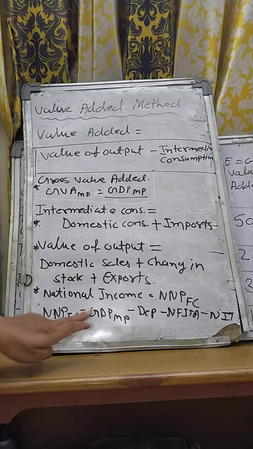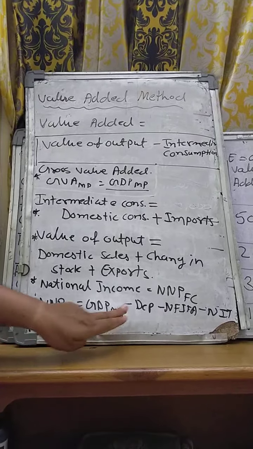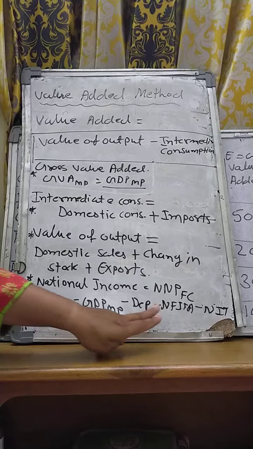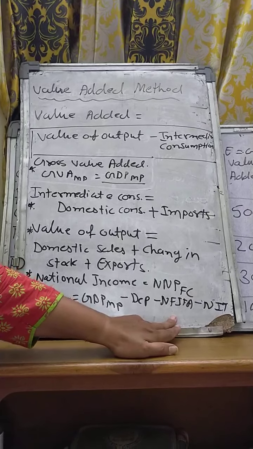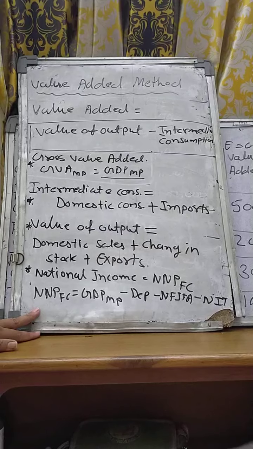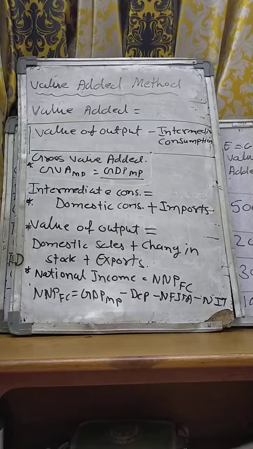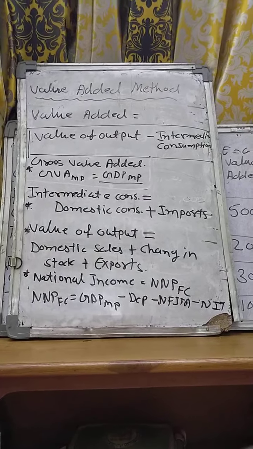This is already clear. So to find NNPFC, GDPMP minus depreciation minus net factor income from abroad minus net indirect tax, and we get the national income. These are the steps of calculating national income with the help of the value added method.